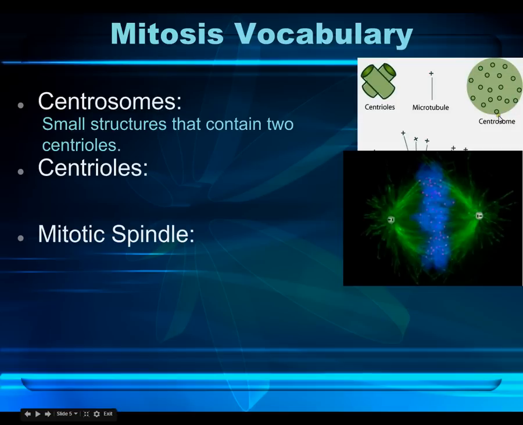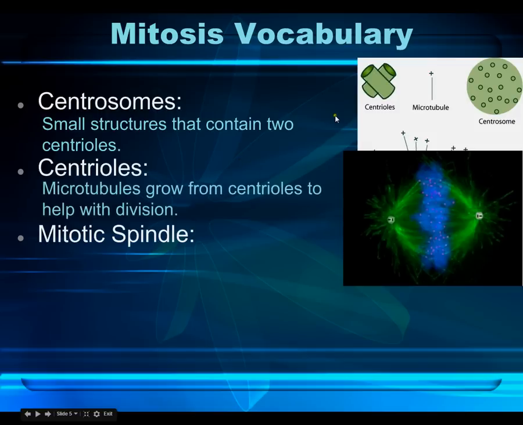So you have the centrosome. Inside there, you have these centrioles. And the centrioles are microtubules, so kind of like cytoskeleton type structures that grow from here. So the centrioles are kind of like a base, and you're going to build off of it in a particular direction.